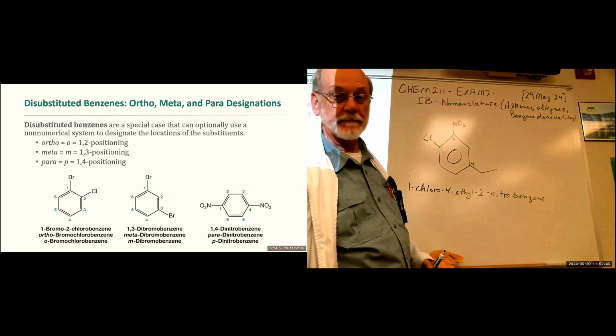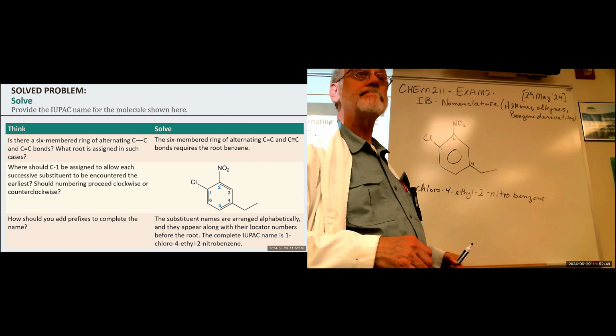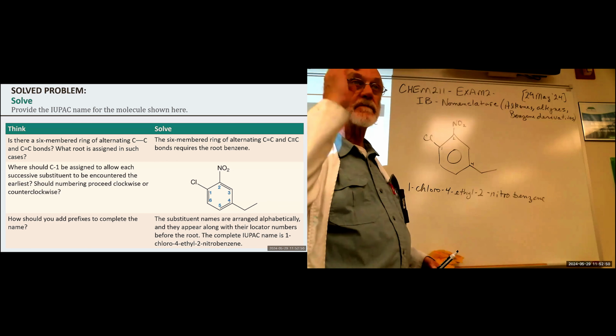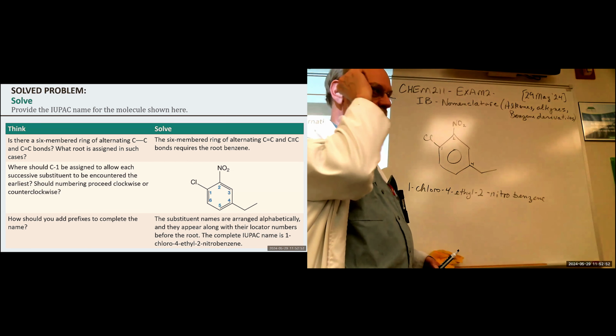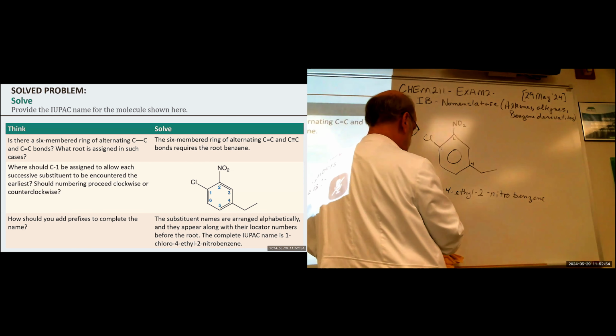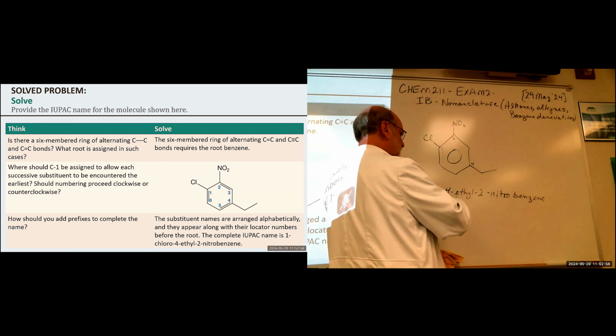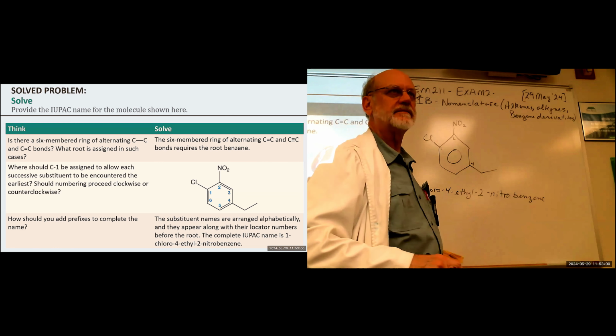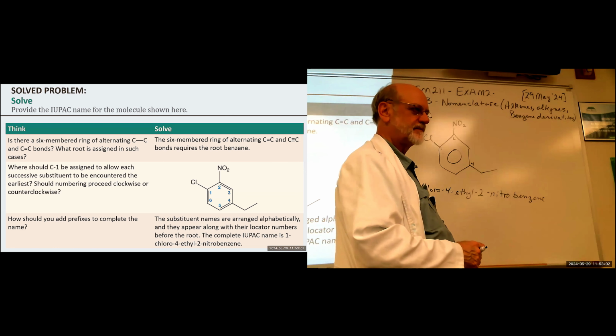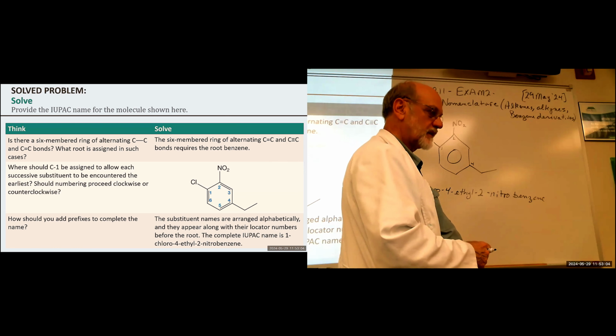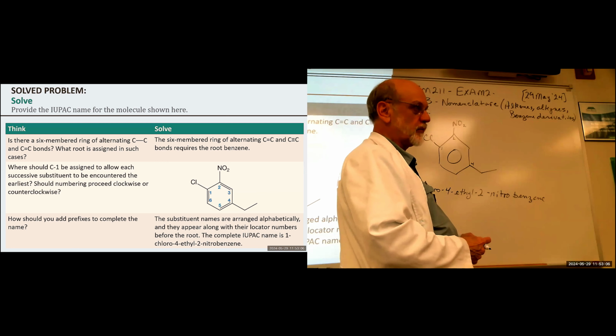I'm pretty sure I understand this, but the 4 ethyl is coming before the 2 nitro because of alphabetical reasons, right? Yes. The numbering system is separate from the order in the name. And it doesn't tell us when it's a benzene, right? We're not just going to have to automatically assume? No, it'll be obvious.